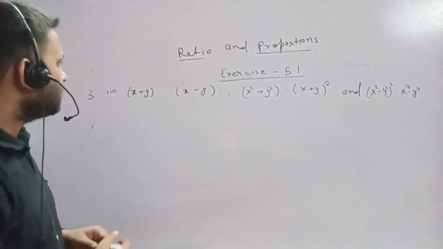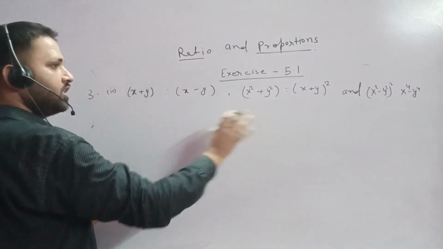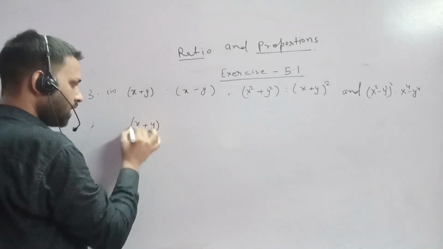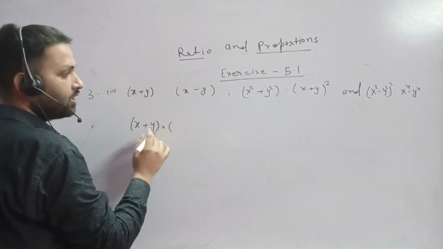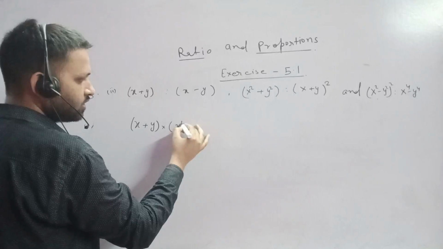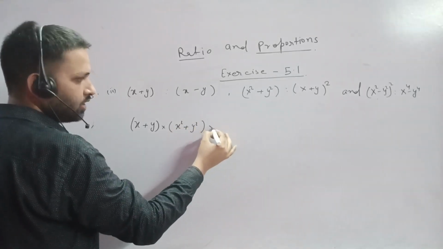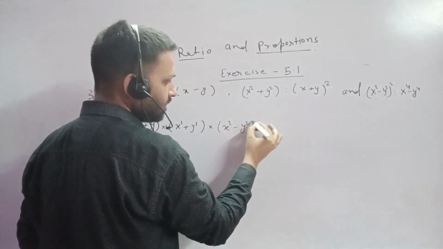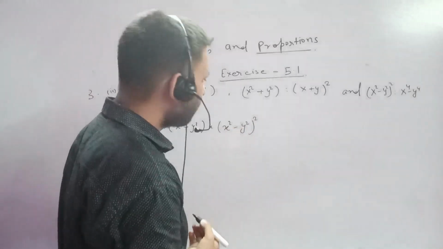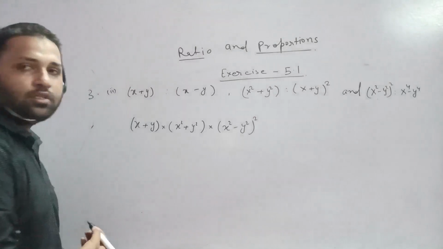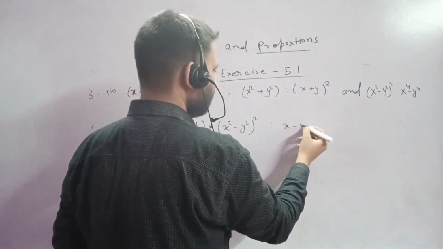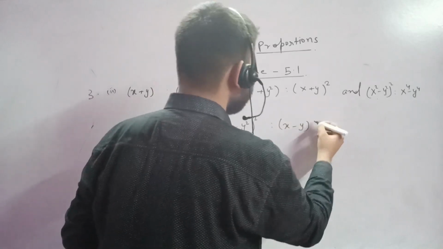Our rule is to multiply all antecedents to antecedents, where the first ratio antecedent is x plus y, into the second ratio antecedent x square plus y square, into the third ratio antecedent (x square minus y square) to the power 2, is to. Now you multiply consequent to consequent.